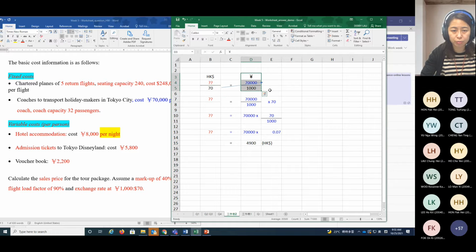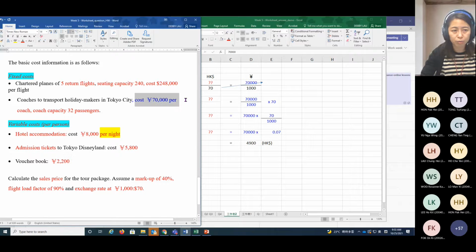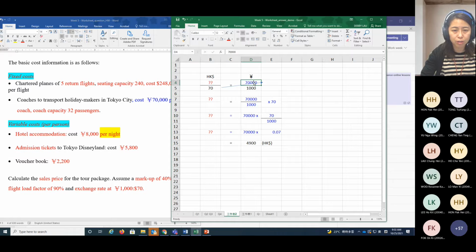So in your calculation, on one side you put the Hong Kong currency, and the other side is Japanese yen. In the numerators you put 70 according to the currency, and 1,000 for Japanese yen. This is the unknown Hong Kong dollar. One of the examples is the cost for the coach, 70,000.